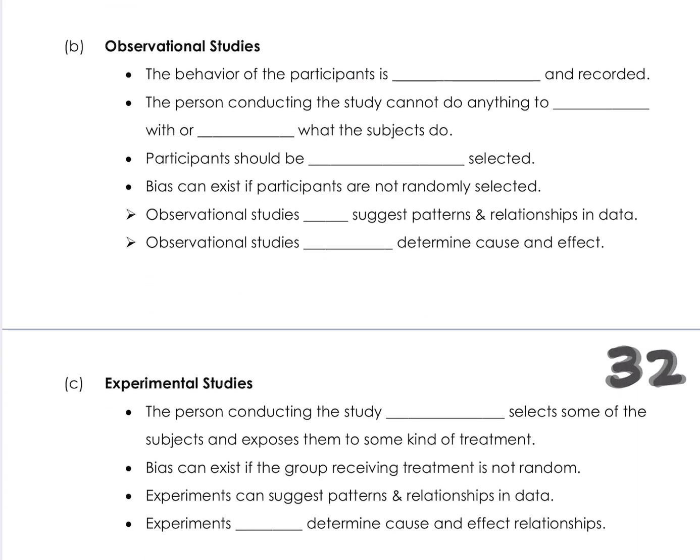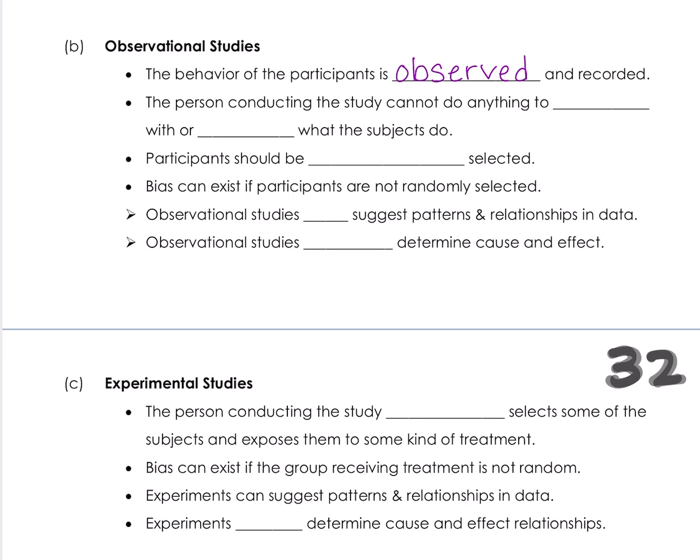Let's look at the second type of study. It's an observational study. In these, the behavior of the participant is observed and recorded. So nothing is being done to control or interfere. You are literally just watching and observing. That is why it's called an observational study.